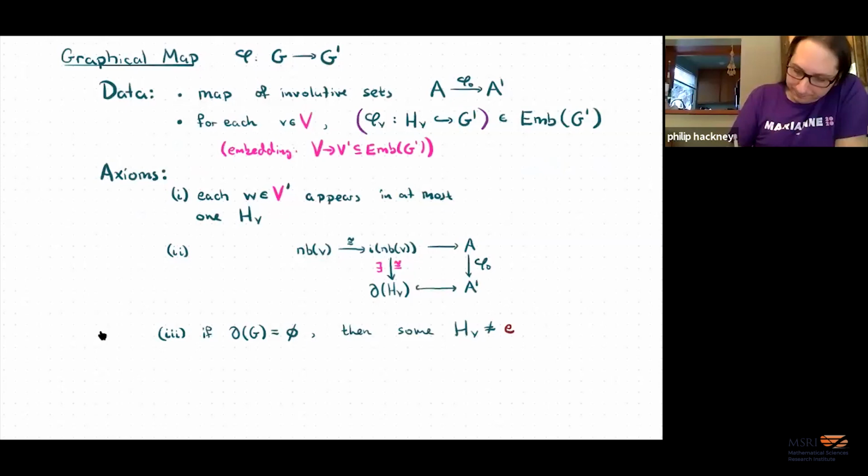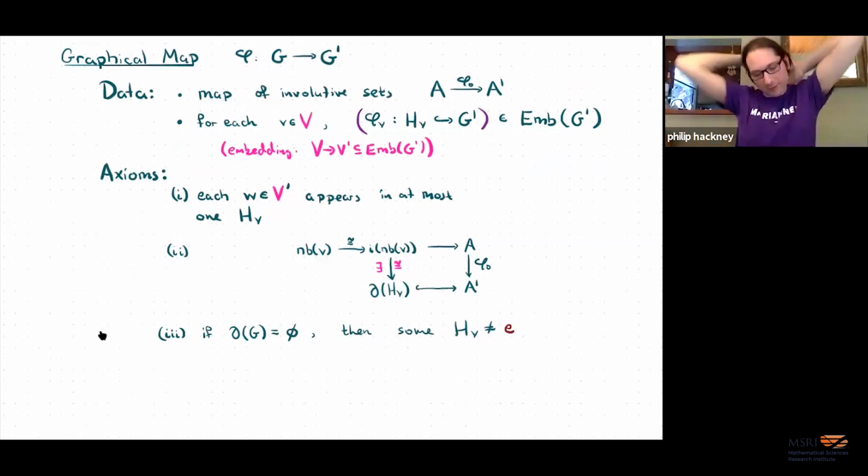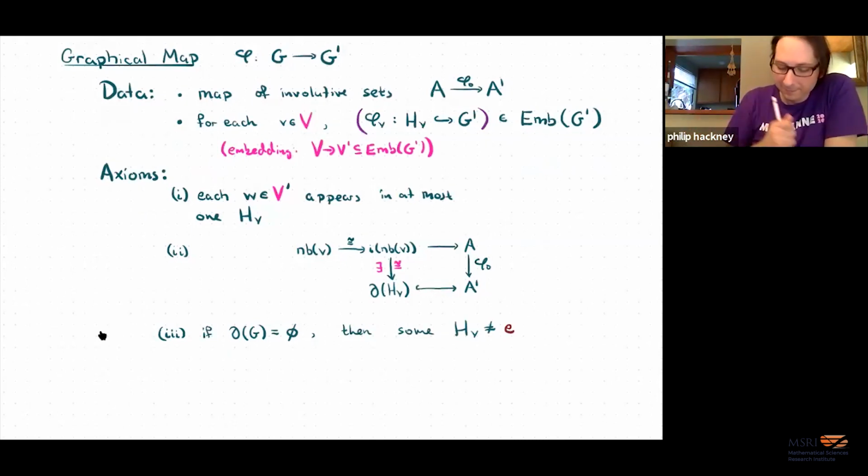And that's 2. So somehow, if I look at the boundary around some vertex V, the neighborhood around the vertex V, that should be in bijection with the neighborhood around the thing. And I'll draw a picture in a second. One is sort of preserving the kind of thing that you already saw in embeddings, that you know, this is a kind of generalization of the monomorphism condition on vertices.